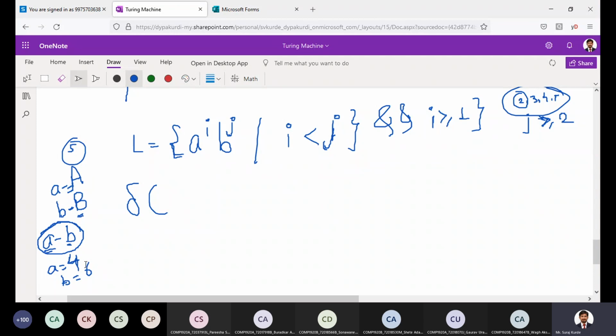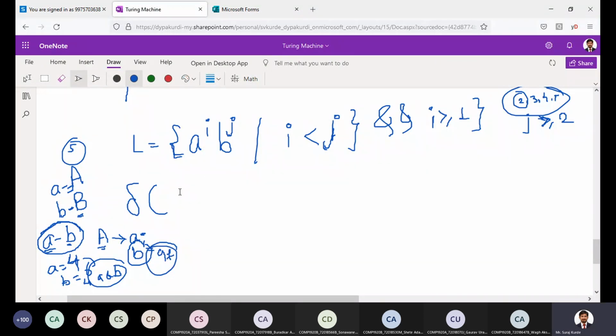For each a, there is one b. Replace them. Then after replacing all small a's, to the right of A, what will you find? You will not find small a. You will find small b. If you find small a, replace it. If you find small b to the right of capital A, go to the final state.